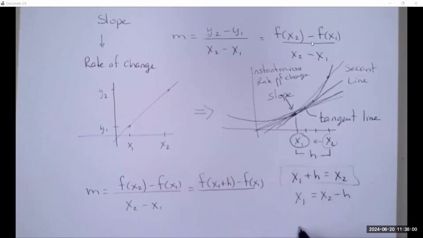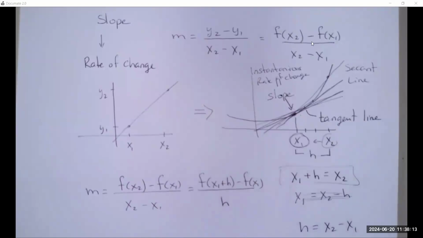So if h was actually x2 minus x1, if we solve for h, our difference on the bottom was h.